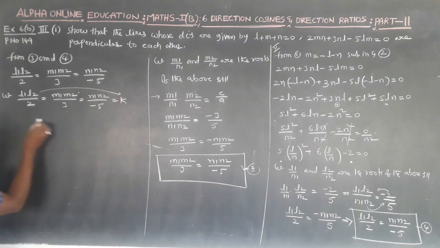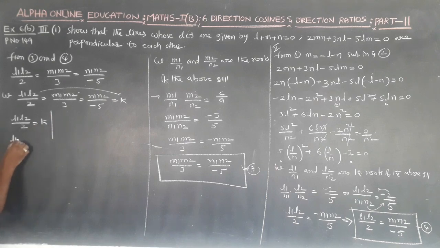Equating first and last, l1 l2 by 2 is equal to k, so l1 l2 is equal to 2k.